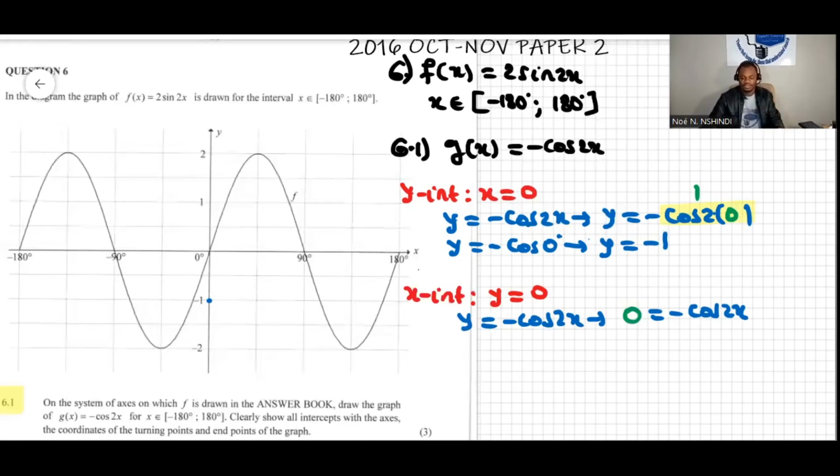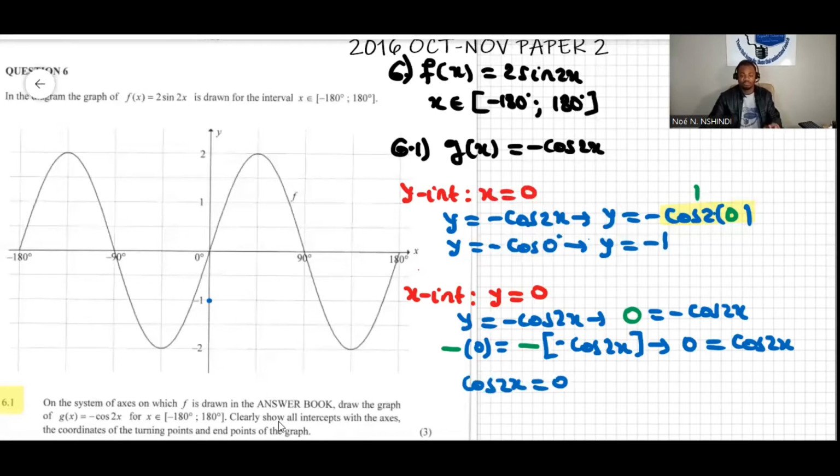So 0 equals -cos 2x, and -0 is just 0, so we can write cos 2x equal to 0.